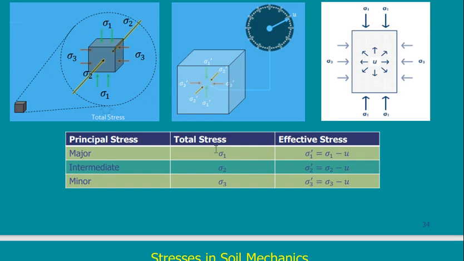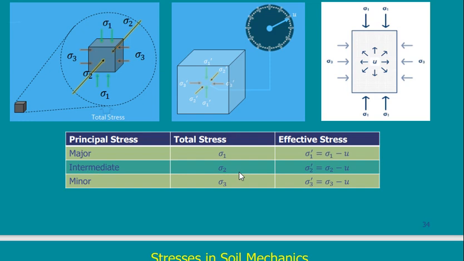So I just want to differentiate between two things: total stress and effective stress. Total stress is equivalent to your total weight. Effective stress is equivalent to the portion of the weight that was carried by the soil, not carried by water.